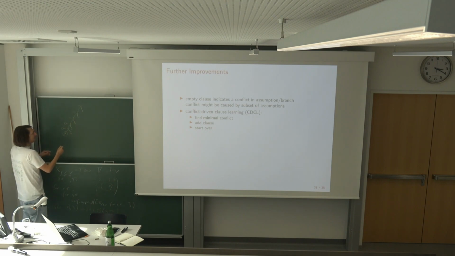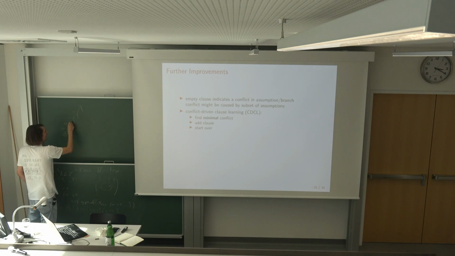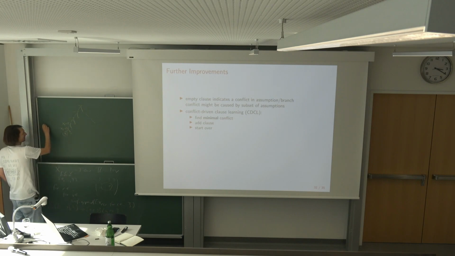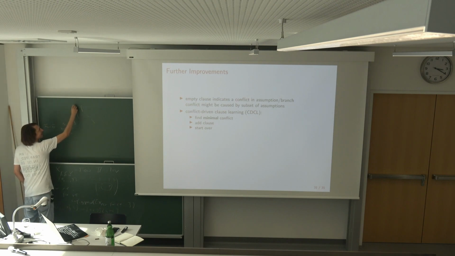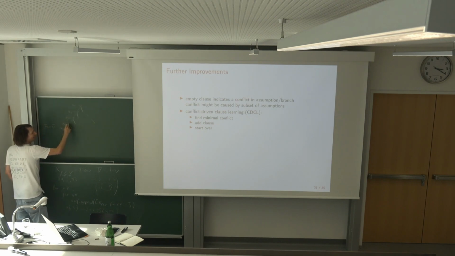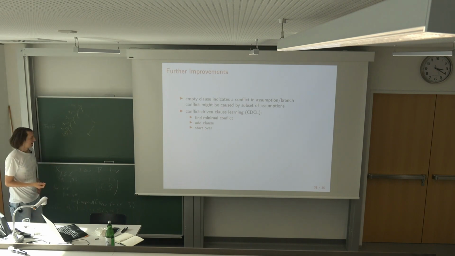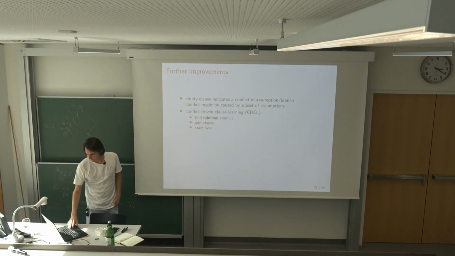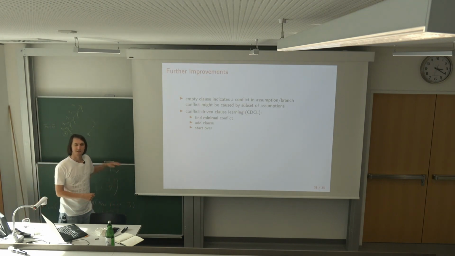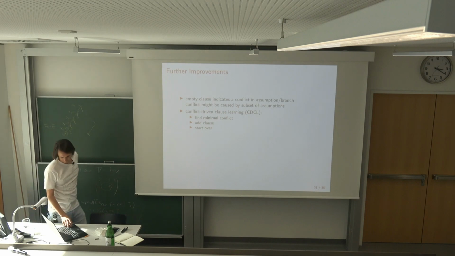So it could be that when you continue here, and you also look at, let's call this x4 equals true and x5 equals true, and assume that there's a clause which says not x4 or not x5. It doesn't make sense to look at x1, x2, x3. If you look at this branch, it will always die. And CDCL will try to learn new stuff so that it doesn't have to look at those branches again.